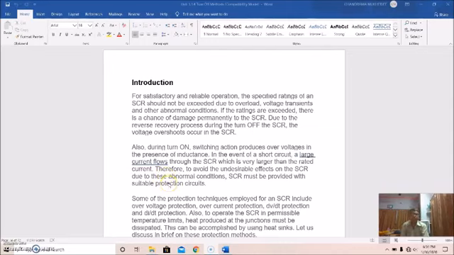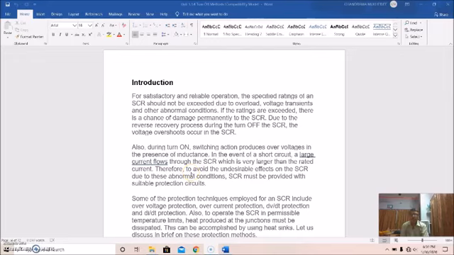If ratings are exceeded, there is definitely a chance of permanent damage to the SCR. Due to the reverse recovery process during the turn off of the SCR, voltage overshoots occur in the SCR. That should be kept in mind before selecting a particular SCR for any particular operation.